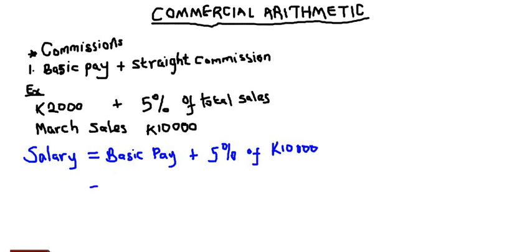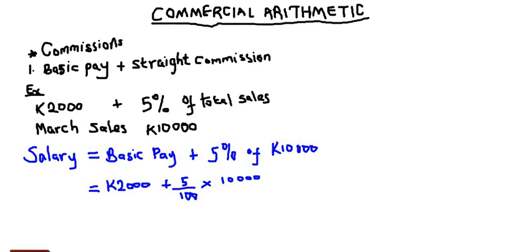So in short, the total earnings for that month, we have the fixed or basic pay, which is 2,000. Then we add 5%. Now we know 5% simply means 5 over 100. So 5% of the total sales of 10,000.